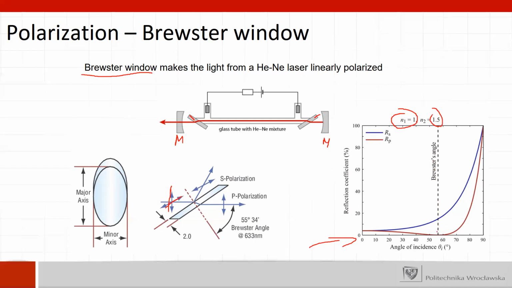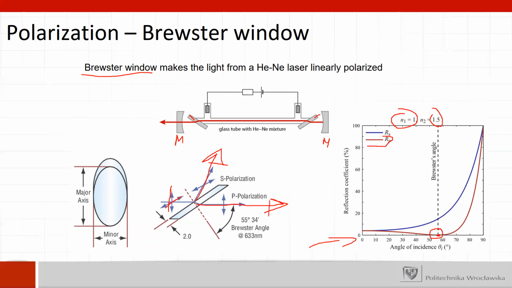At around 55 degrees, we have a minimum, which means zero reflection coefficient from this plate for one of the polarizations, Rp. So the P polarization will be fully transmitted through this glass plate, and the other, orthogonal polarization will be reflected.